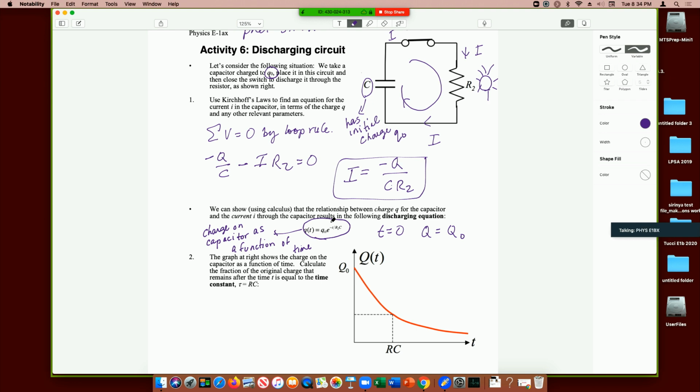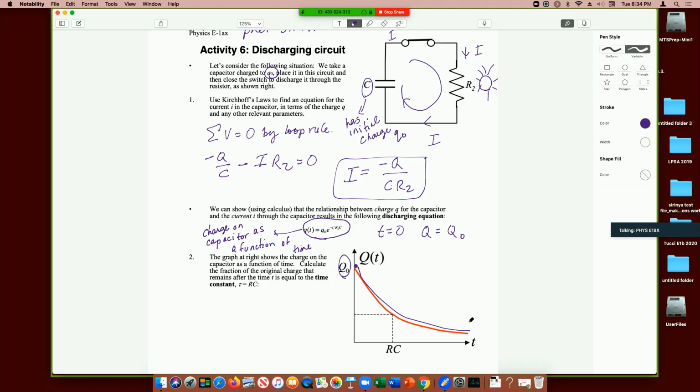And Q naught times 1 is just Q naught. So at t equals 0, Q equals Q naught, and that's actually what you see here. Okay, and then as time goes on, the charge drops off exponentially. And Alan has a very nice demo that I'm not going to have time to do, but I'll do it at the beginning of 2 weeks from now, where you can actually see this exponential drop off.